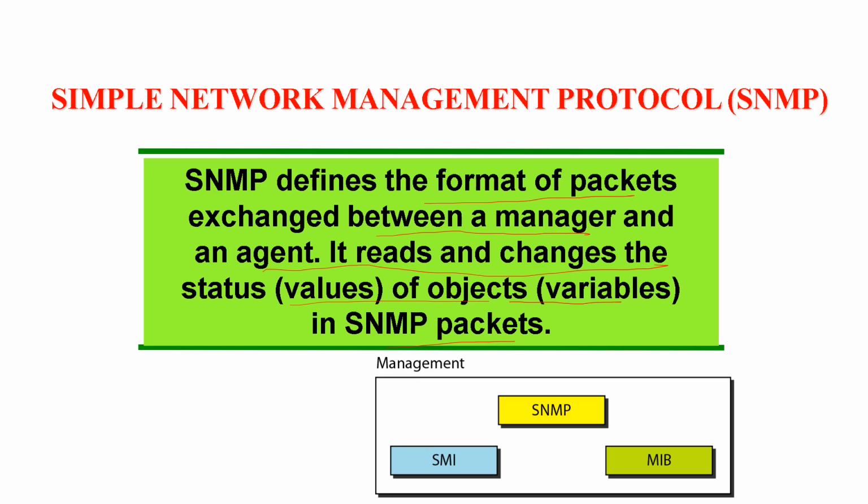There are some variables that are kept at the agent side. These variables are read by the manager, and these values reflect the activities performed in the agents, and the communication between the manager and the agent is through SNMP packets.